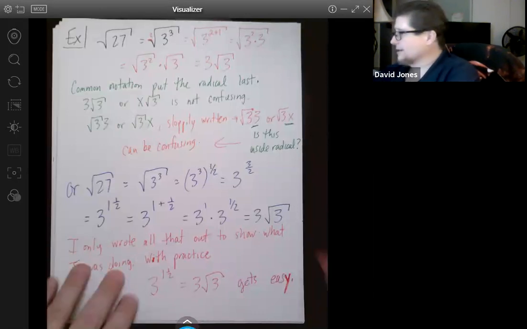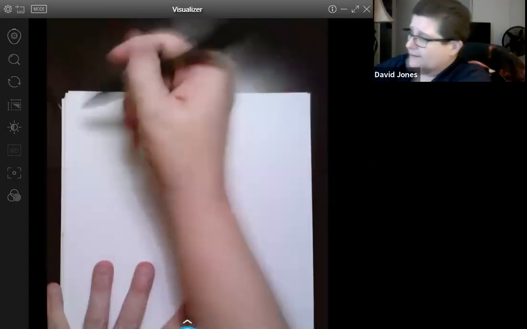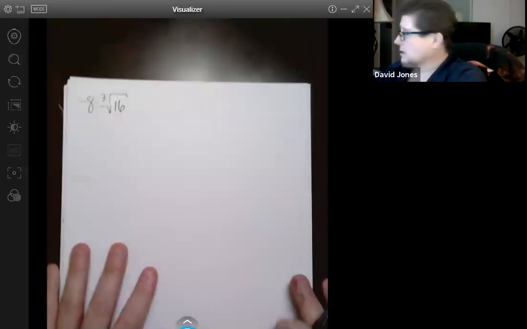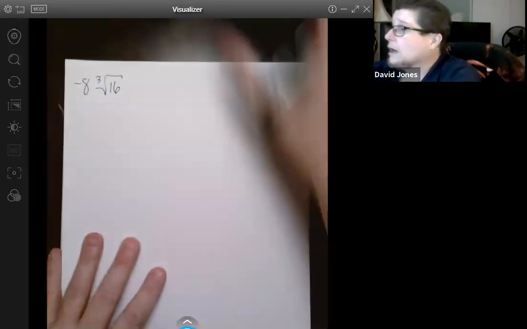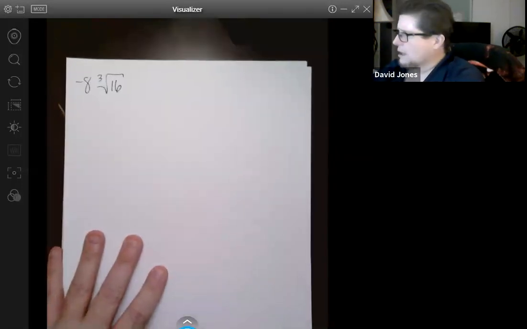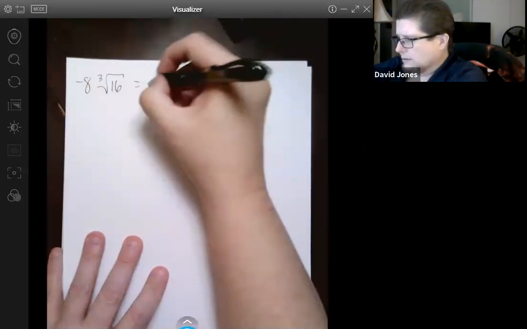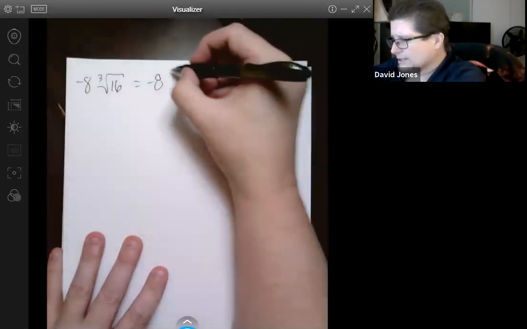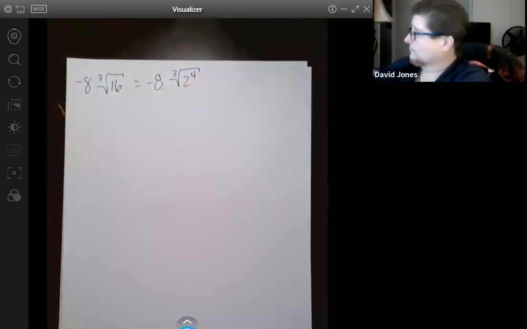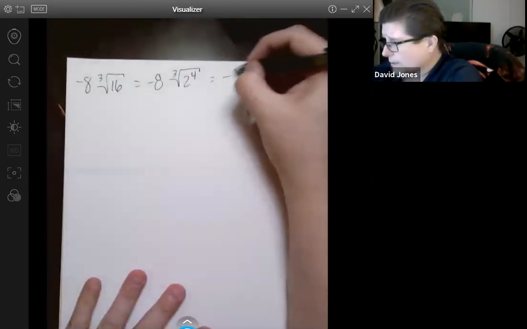All right, let's look at another example. Let's do -8 times the cube root of 16. Well, that's -8. And then, well, 16 is 2 to the 4th power. So I'm going to write that 4.